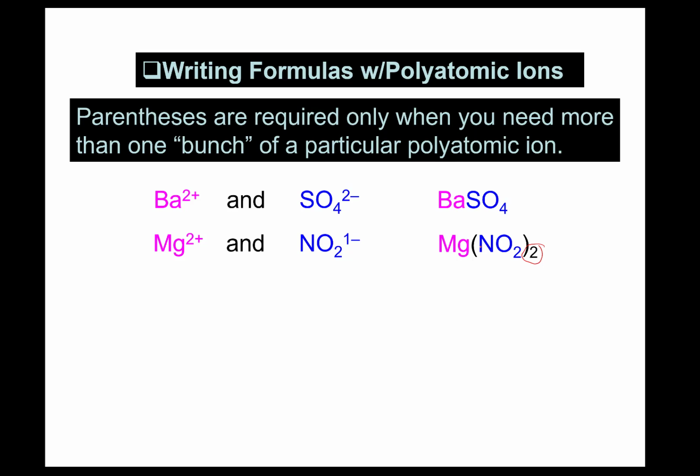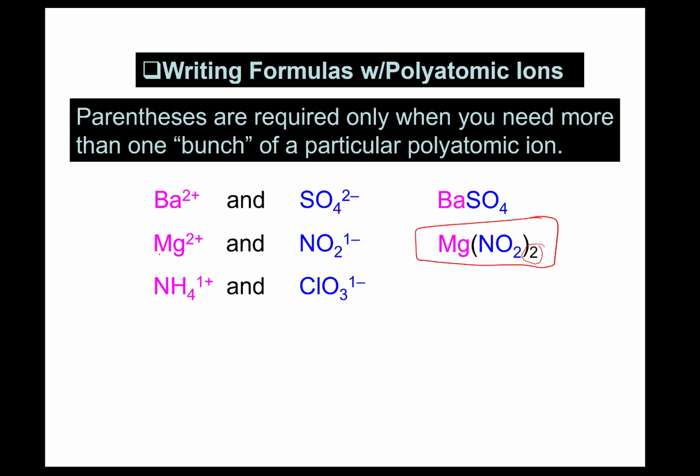This is one of the reasons I don't like the crisscross rule, because if you crisscross your charges and you bring the 2 down here, a lot of students don't know what to do with the 2. Some will change it to NO4, some will do N2O4. Those are not correct. It should be written as it is on the screen. So that's one of the reasons I don't like crisscrossing, or at least a second reason I don't like crisscrossing.